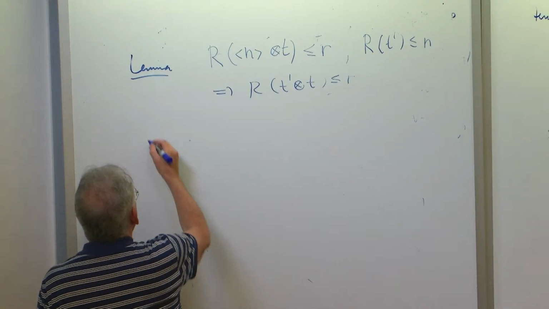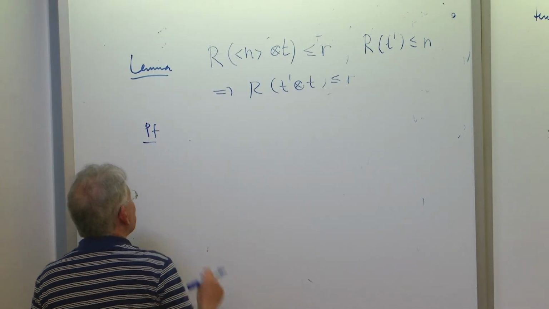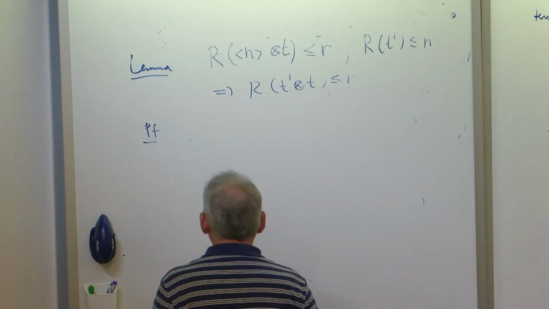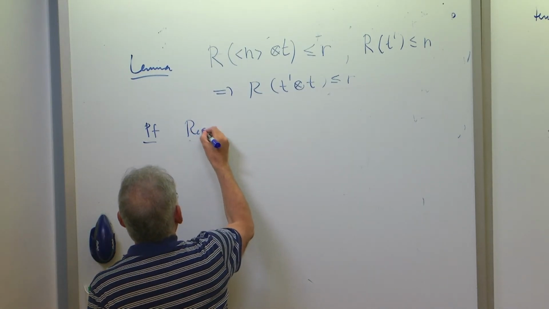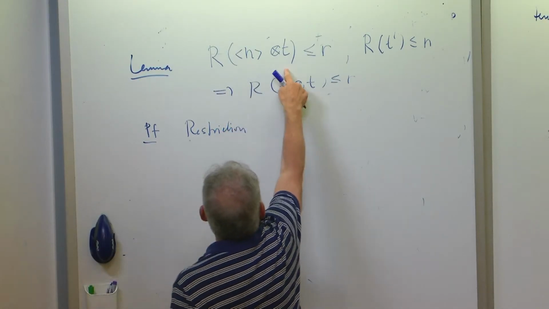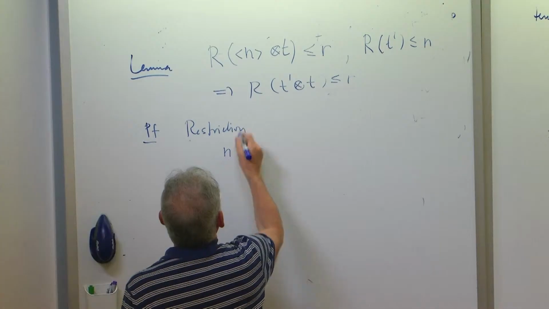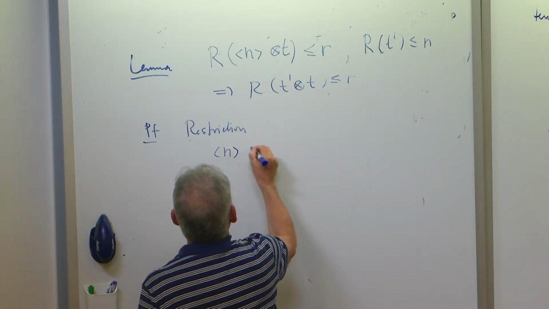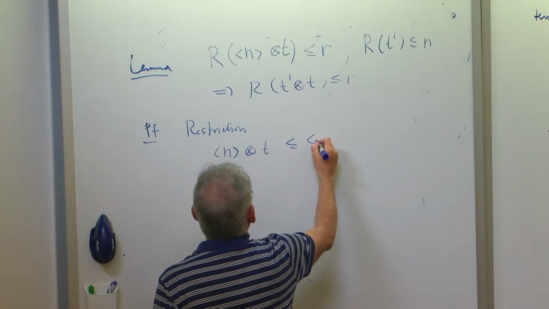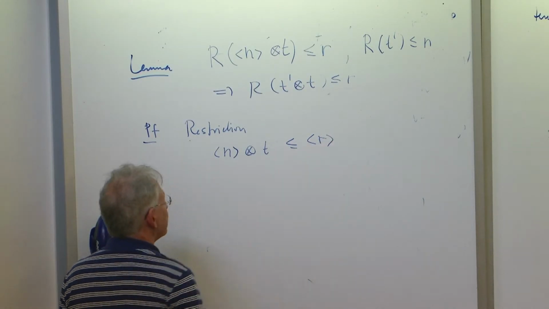I give the proof. The proof is very short when you have this notion of restriction, otherwise it wouldn't be so clear. The point is to use restriction. I just rewrite this. Saying that the rank of this tensor is at most R means that it is a restriction of the R's unit tensor.